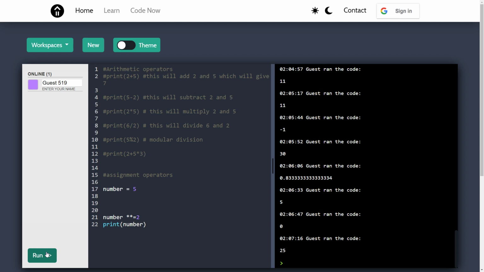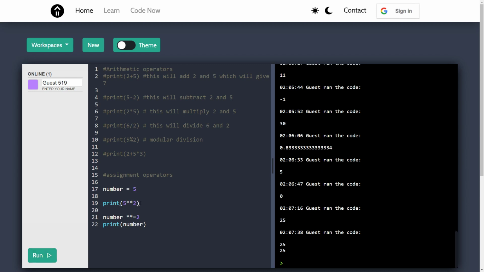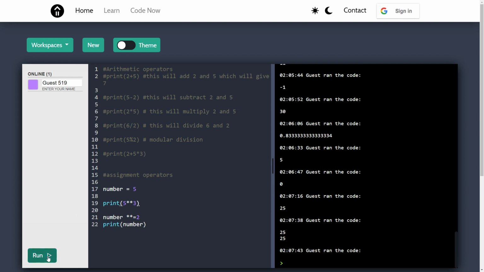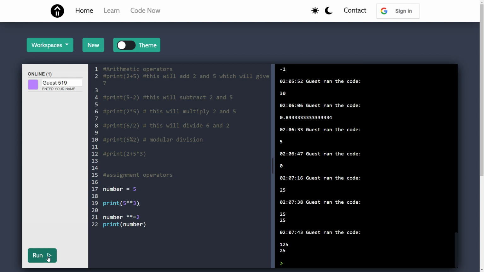Now those of you who are maybe very quick at interpreting math can maybe learn that this is squaring 25. Now, exponentiation in Python is simply done by 2 asterisks. So I can go 5 squared, that'll give me 25, and it'll do 25 twice. 5 cubed will give me 125 and 25.